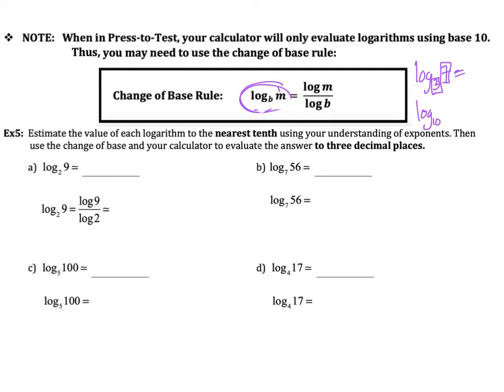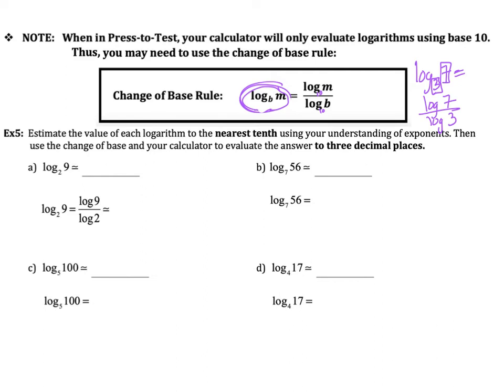And so the change of base rule says that we need to take log base b of m, and that's going to equal log base 10 of m divided by log base 10 of b. So over here, if I look at my example, I gave log base 3 of 7. That would just be log of 7 divided by log of 3.